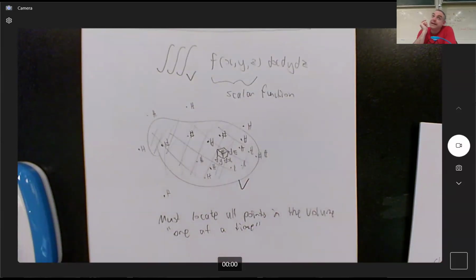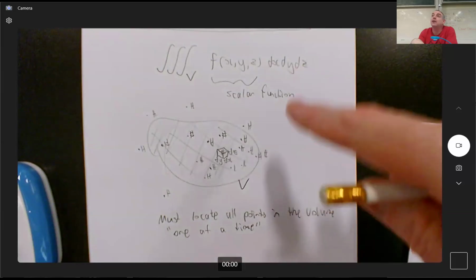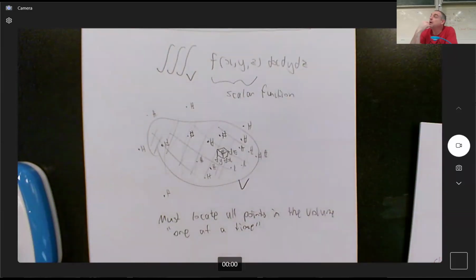So if you're lucky, your volume's already a box, and then that's great because your 3D space is already arranged in a box-like way with the X, Y, and Z coordinates. But if you're not lucky, then you may have to change your coordinates in a different way, which means parameterizing the space differently. So there is more than one way to locate every point in space. You can do it with X, Y, and Z coordinates.